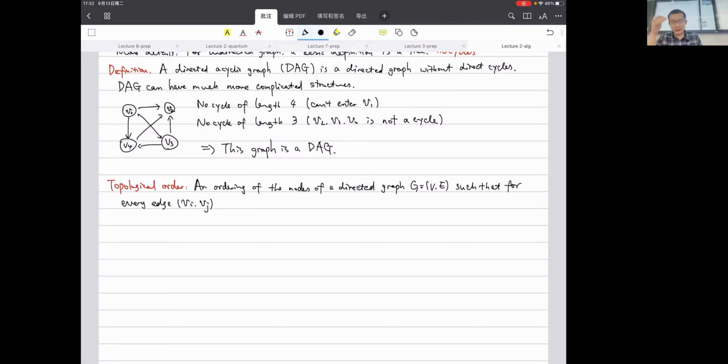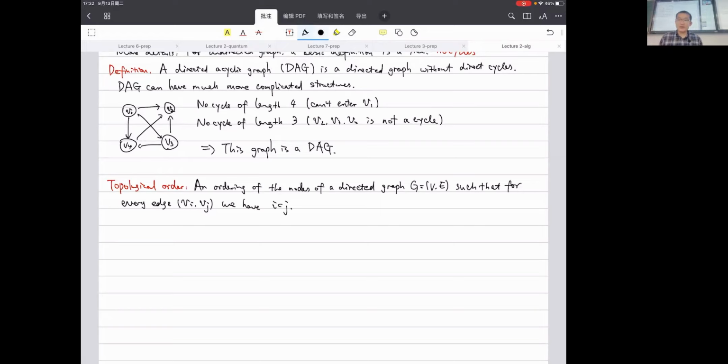This is why we call this an ordering. So we number all these vertices 1, 2 to n, and we have this corresponding ordering. And it is a topological order if for every such edge, we have i smaller than j.